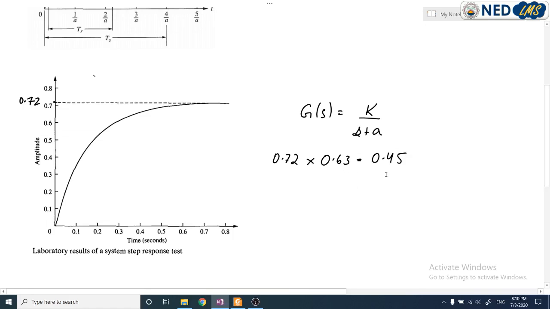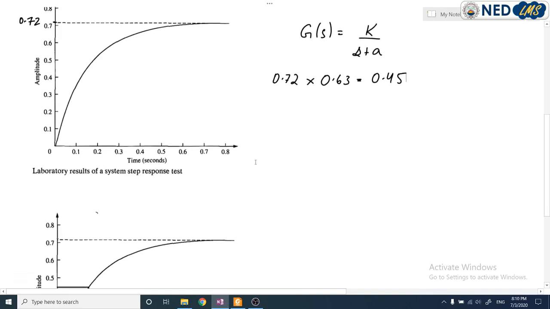So now we have to calculate the time when our output is 0.45.